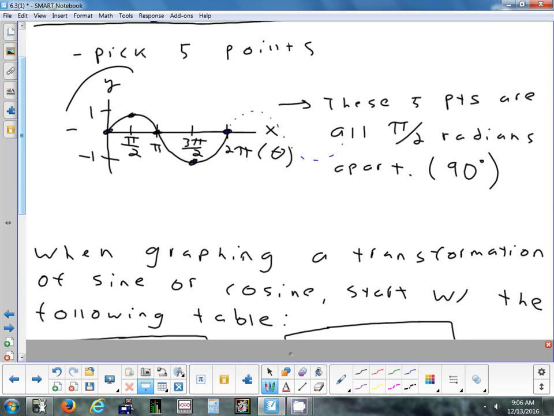Okay, so right here, you basically have a picture of sine. I just want to write these 5 values as coordinates. Okay, cosine we don't have a picture of right now, but I can graph it on the calculator and we can look at the table and copy the values from there.